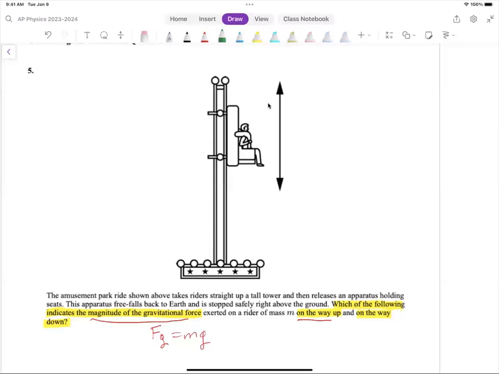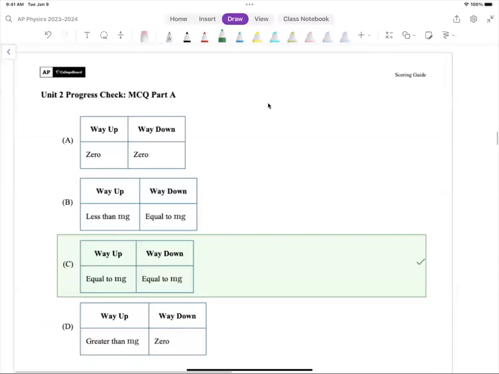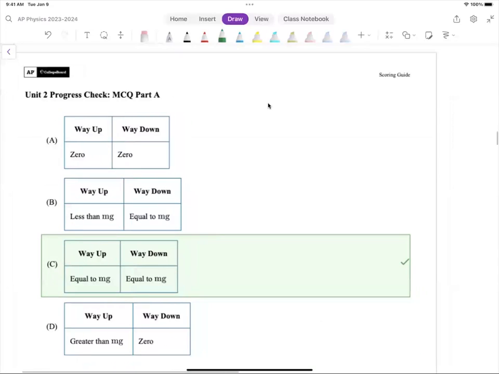Well, last I checked, the Earth doesn't change whether I'm going up or down. So the magnitude of the force of gravity on the way up is mg. On the way down is mg. No matter what, force of gravity is mg.